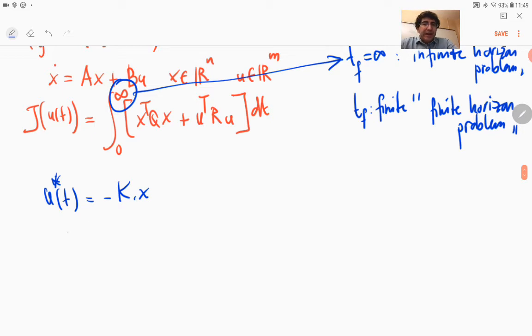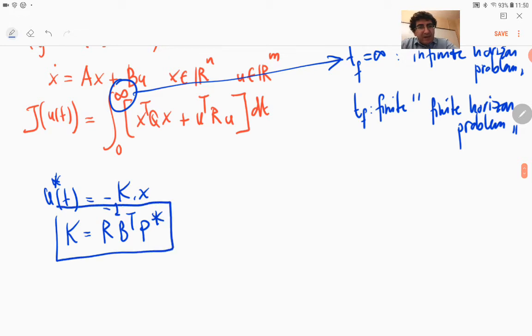Okay, and K is equal to R to the power minus 1 B transpose P star, which is the linear state feedback coefficients, and we have P star being an n by n matrix.